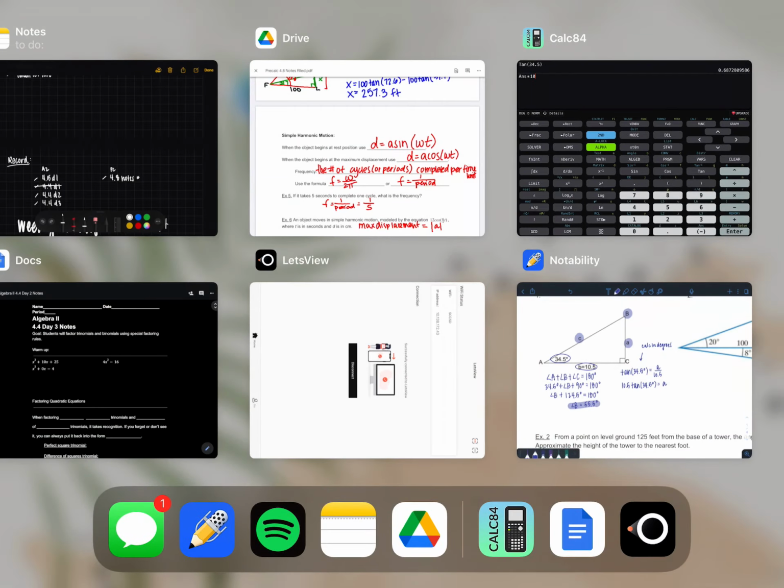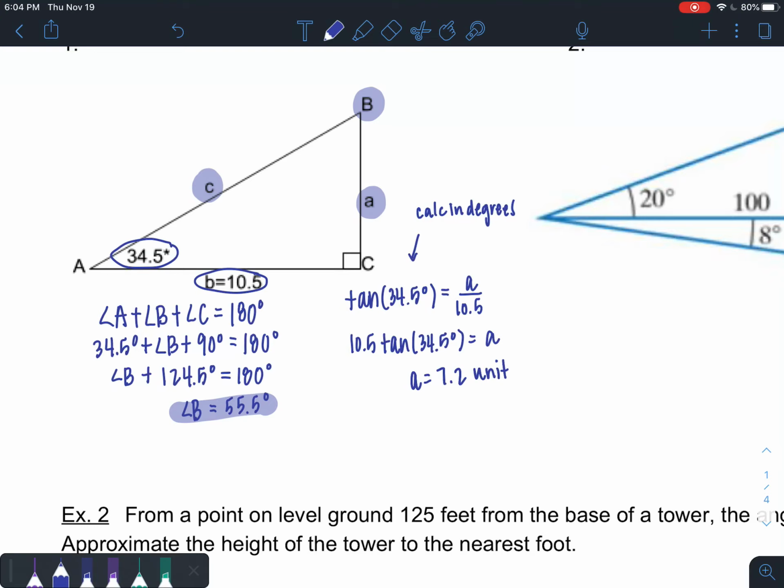And I get 7.2 units. So A is equal to 7.2 units. Now, because I used a rounded value, I don't want to use that value to find any other values.